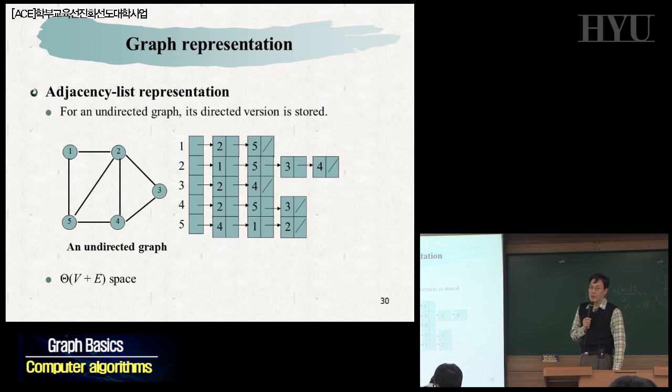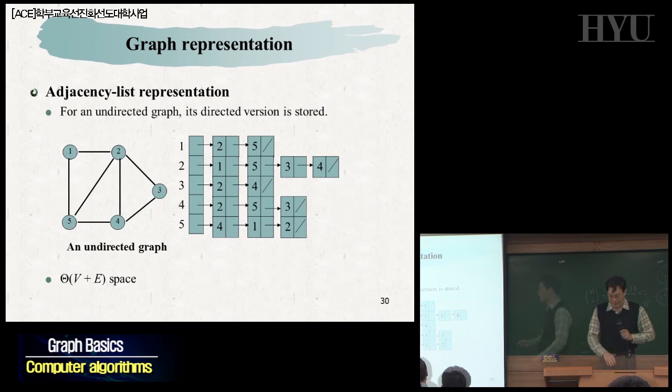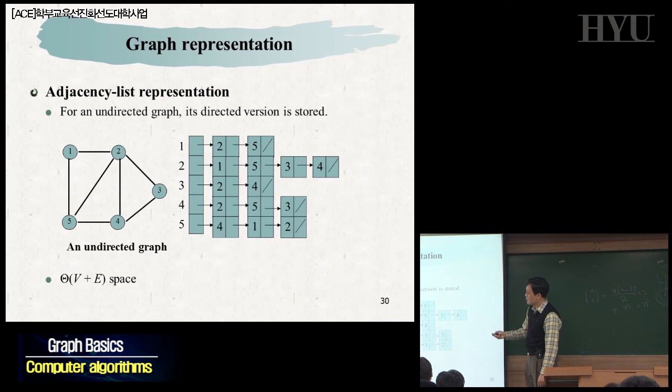Theta of V plus E. Why? This is an array, and this array has V elements, the same as the number of vertices, and then we count the number of nodes in these linked lists in total.